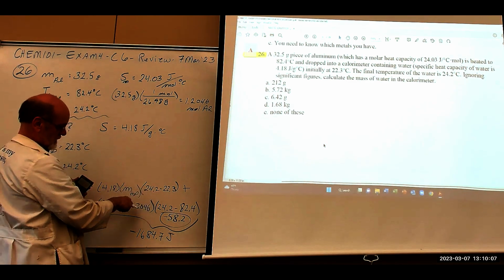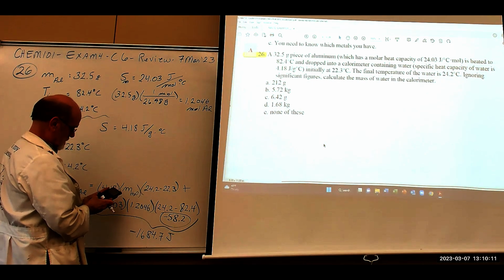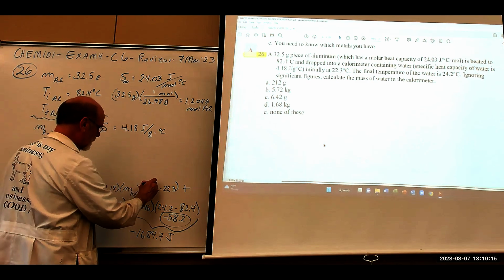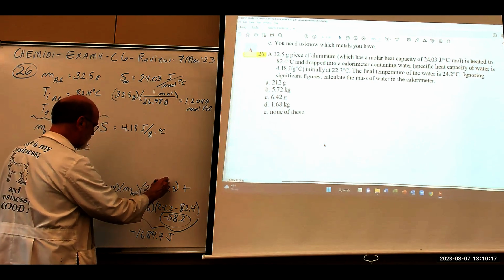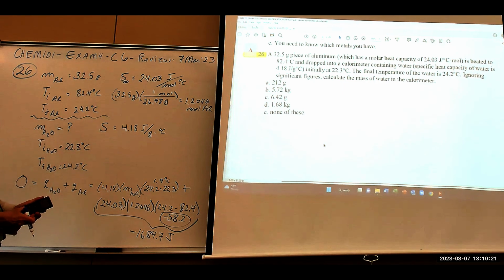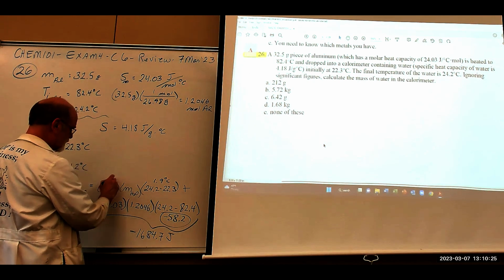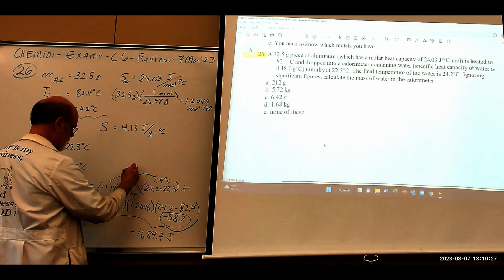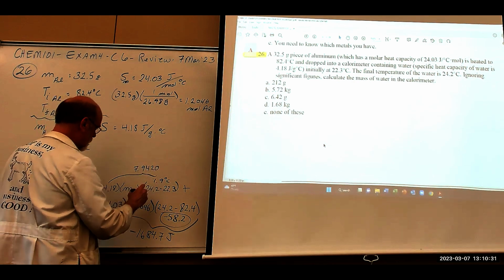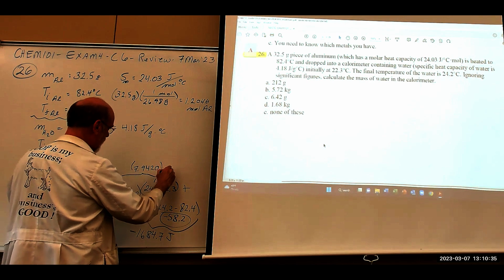This term, I should be able to do that in my head, but I'm too hot right now. 1.9. That's a 1.9 degrees C difference there, times 4.18 is 7.942. So these two together, 7.9420. And then all together, that's mass of water.